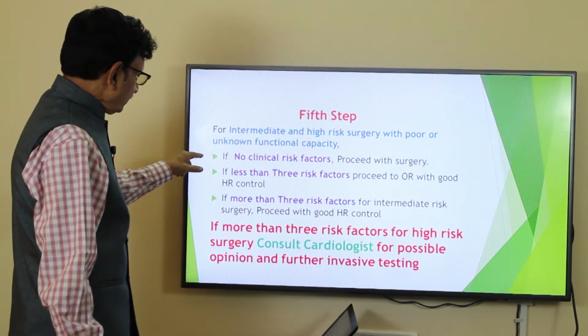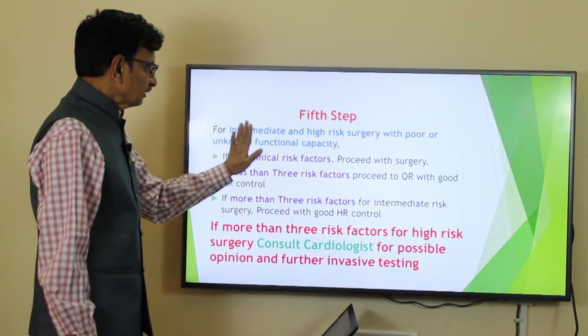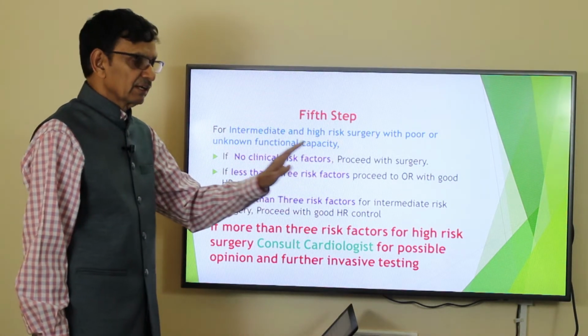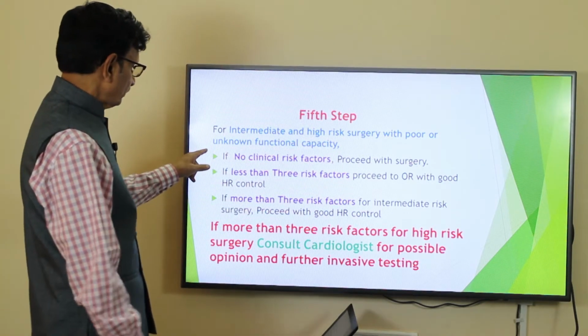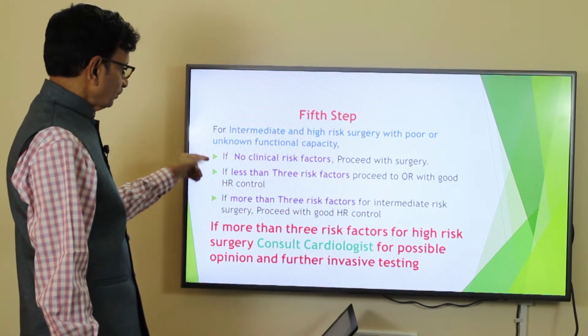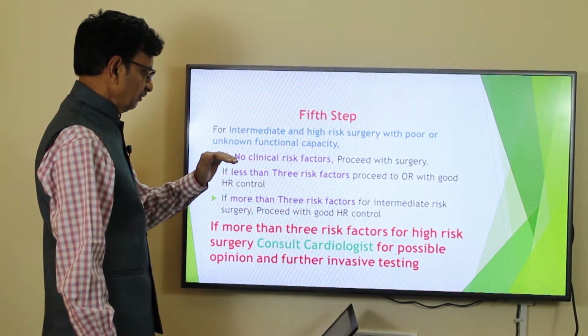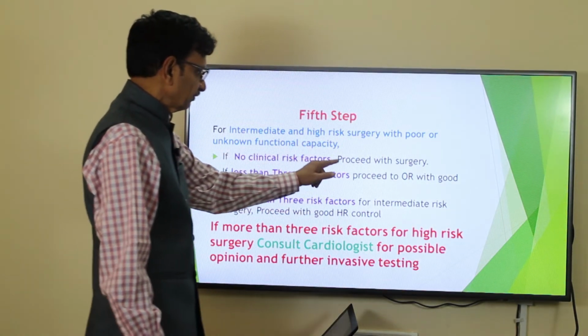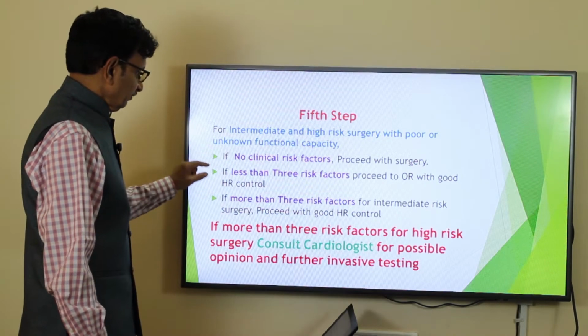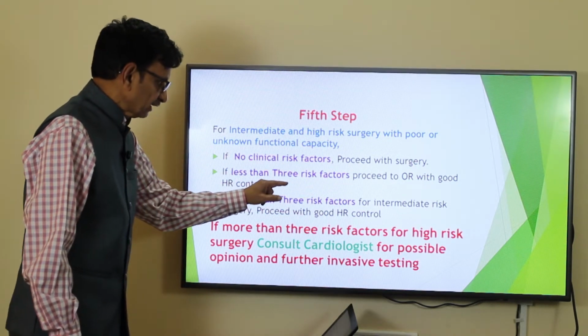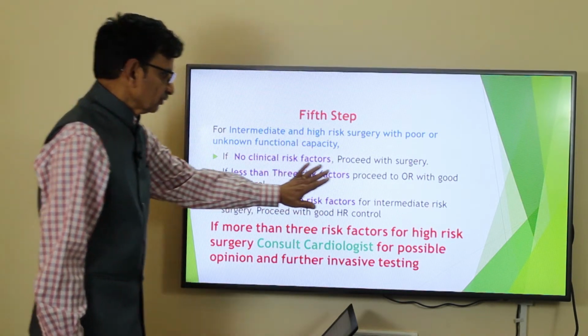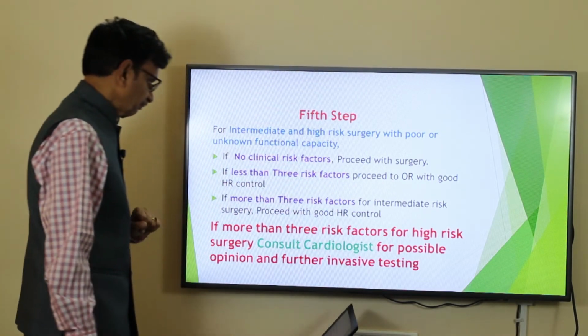Again, to recapitulate, if the surgery is intermediate or high risk and you do not know the functional capacity, you are supposed to know the clinical risk factors, and if your patient doesn't have any clinical risk factors, you can safely proceed with surgery. If there are less than 3 risk factors, you can proceed to OR with good heart rate control.